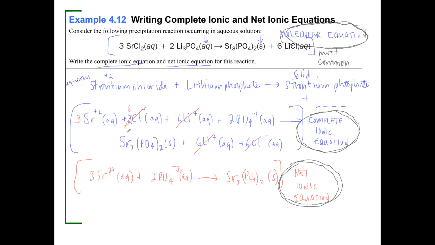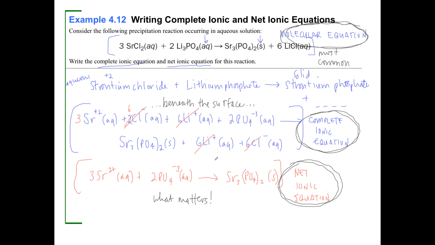The complete ionic is what's really happening beneath the surface, right? Sounds a little spooky. Beneath the surface, and then this is what matters.